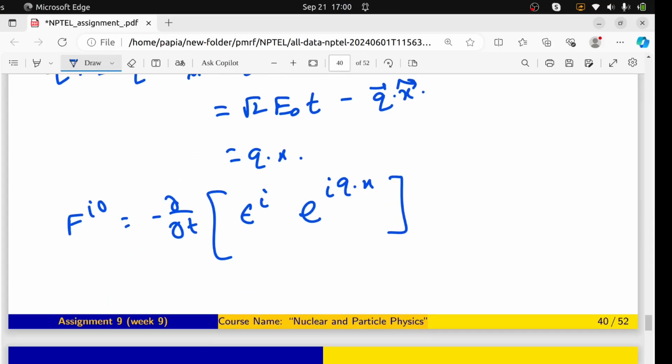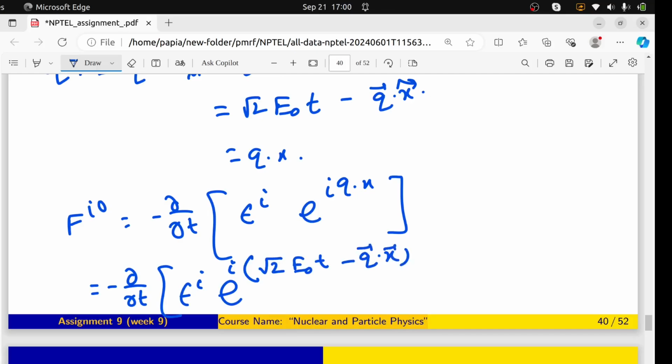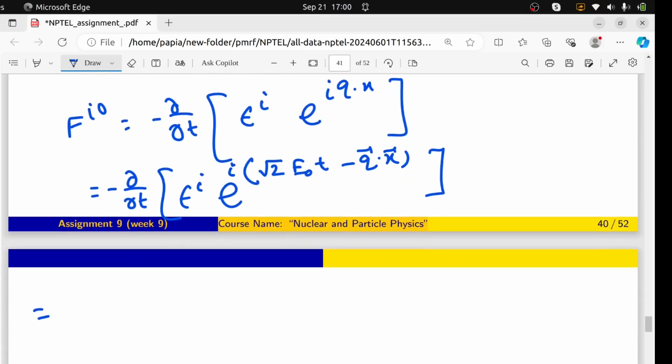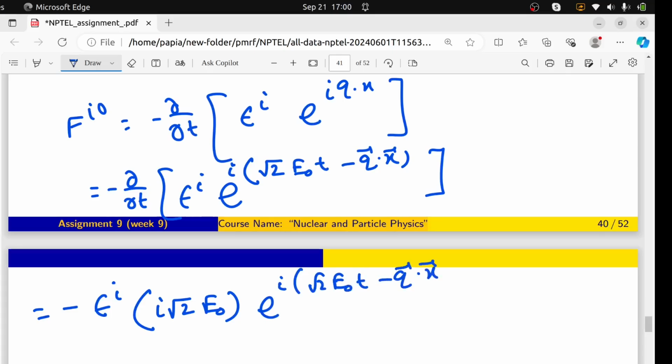Now if I just expand that one, e to the power i times (root 2 E0 t minus q vector dot x vector). Why did I do that? Because here epsilon i is just a constant. So epsilon i will come out, and del t of this one, and only the t is given here. So it is i root 2 E0 times e to the power i (root 2 E0 t minus q vector dot x vector).